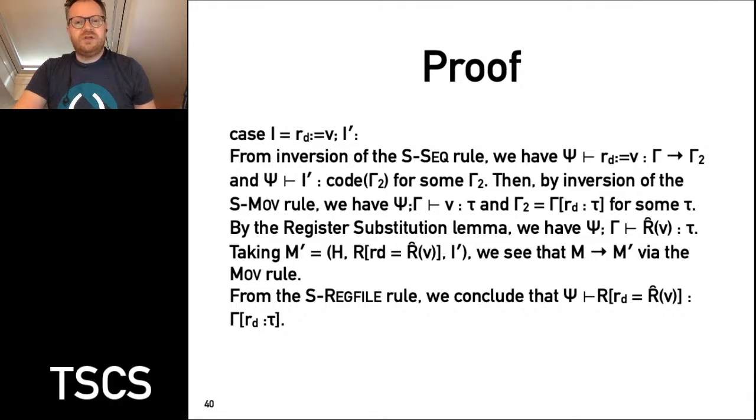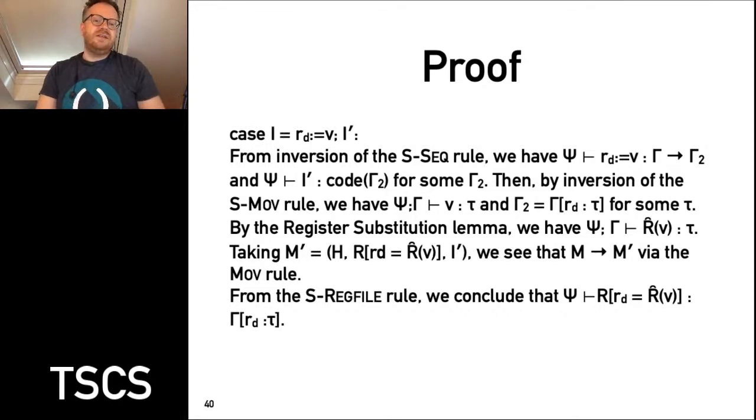So assignments, quickly do those. You invert the sequence rule again, and then you have, because you have this I prime still in there, that this assignment is going from gamma to gamma 2, and under the assumptions of the heap typing, I1 must be code having the output assumptions in the register, so gamma 2 for some gamma 2.